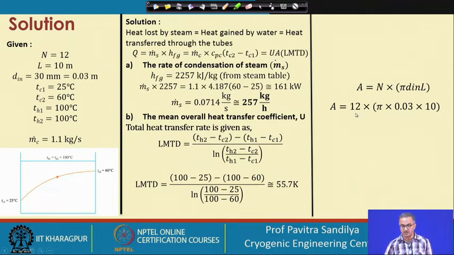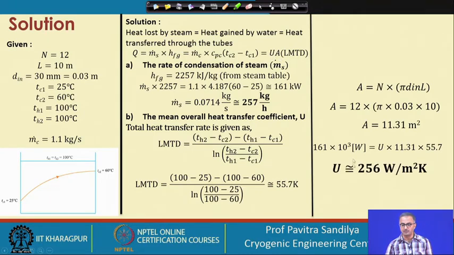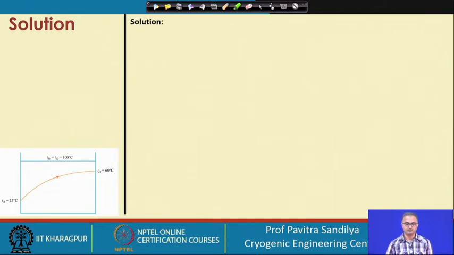With this we find the total area offered by all the tubes coming out to be 11.31 meter square. Once we know this area, we go back to this formula, plug in the value of A, plug in the value of LMTD, and we know the value of Q. Now, it is easy to find out the value of U from this particular formula, and we find this coming out to be 256 watt per square meter per Kelvin.